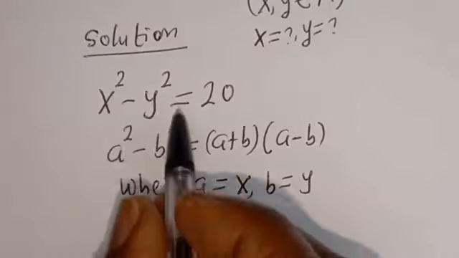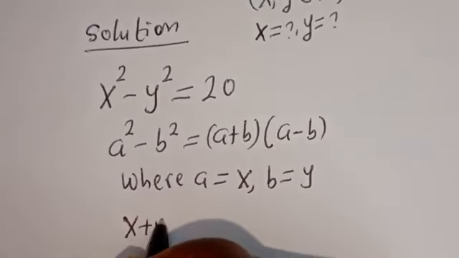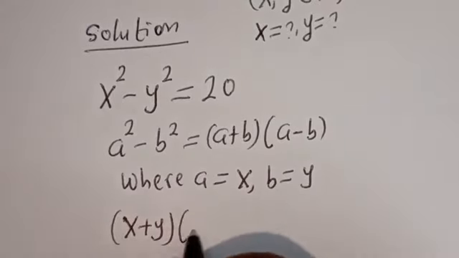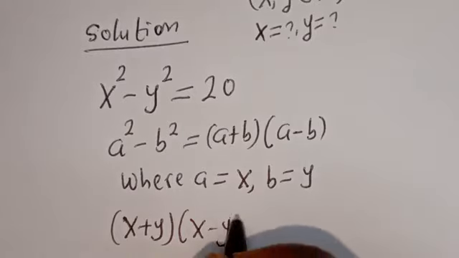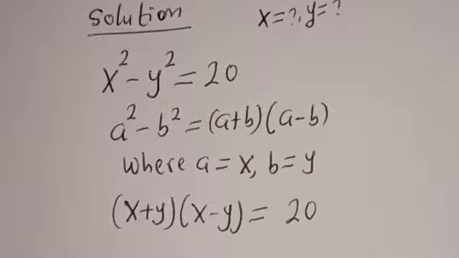So this can be written as (x plus y)(x minus y) is equal to 20.